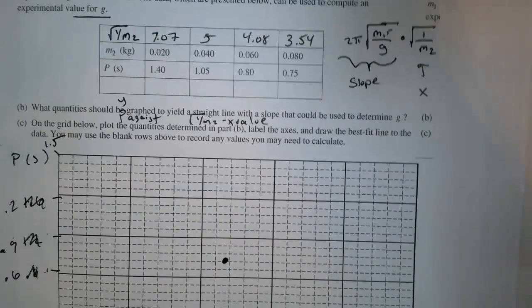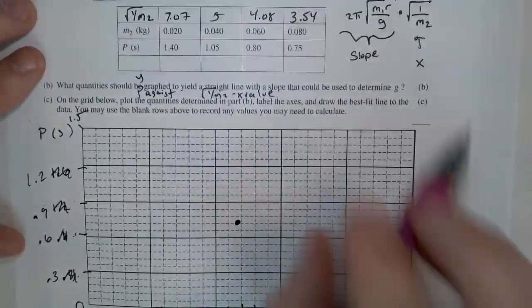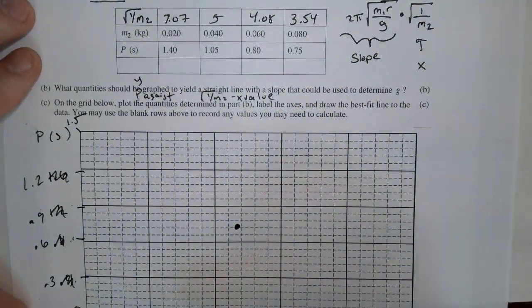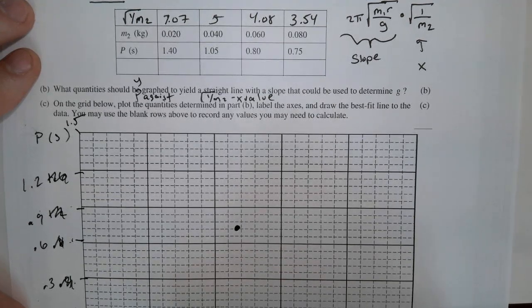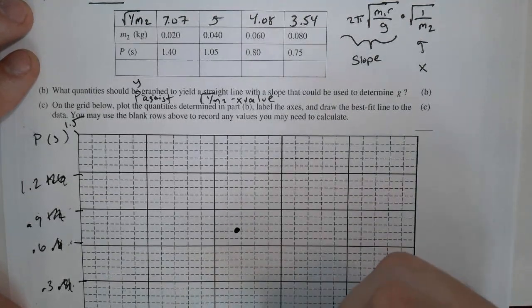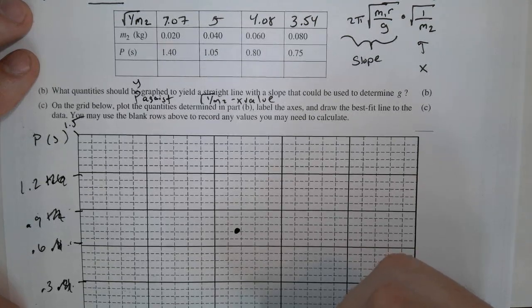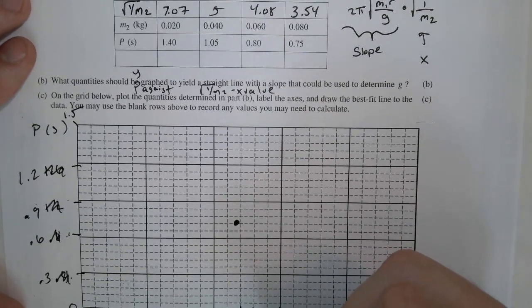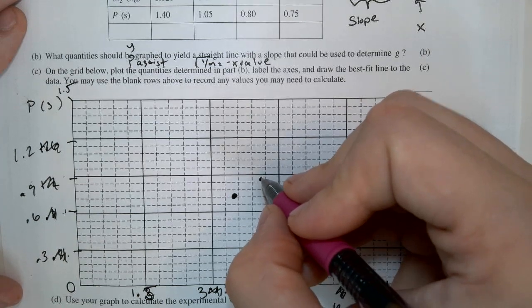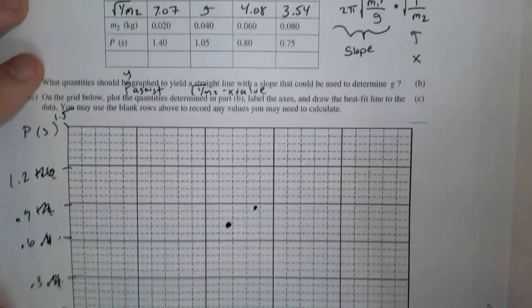I need to zoom out a little bit. There we go. The next point is 4.08 and 0.8. 4.08 would be 3.3, 3.6, 3.9, 4.08 is around here, and then up to 0.8. So 0.8 is roughly there, looking like a line so far.